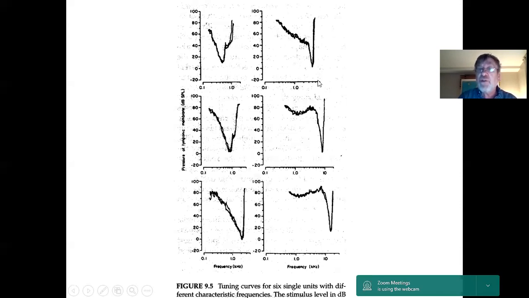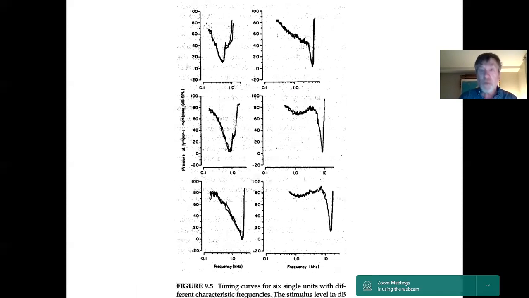And if I try to get this neuron fiber to fire with a higher frequency, I've got to go to the moon. Okay, so you can see that that particular fiber is tuned to one particular frequency. And the tuning curves are shown then to reveal the fact that the eighth nerve also is tonotopic.